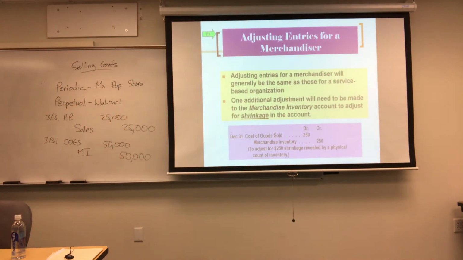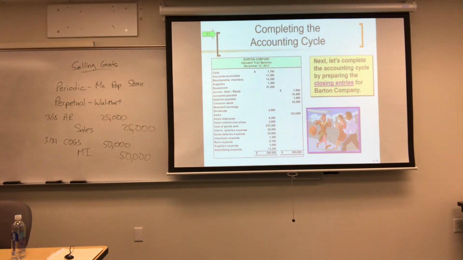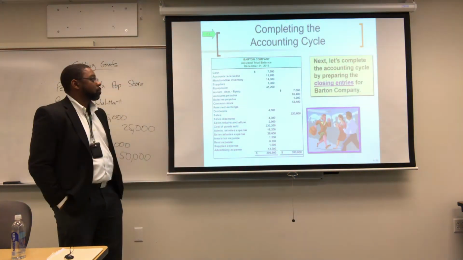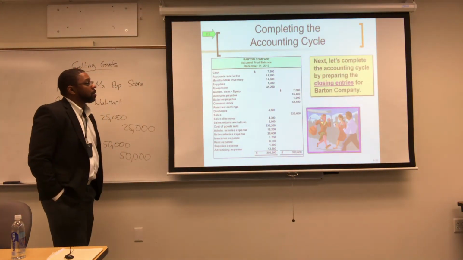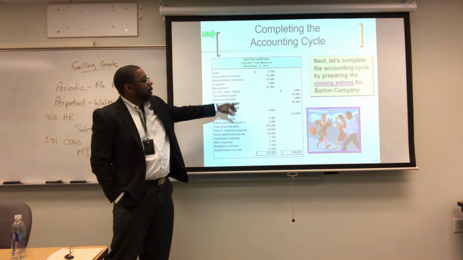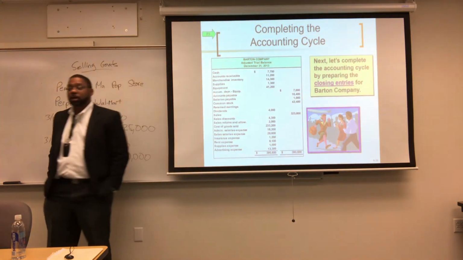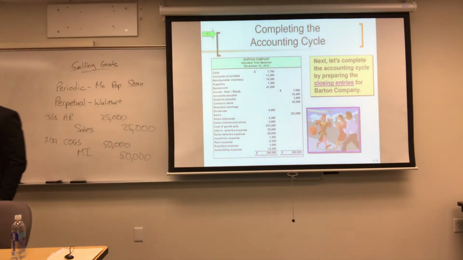All right, I'm not going to really go over adjusting entries for the merchandiser. Oh no, this is just a trial balance, I'm sorry. And I'm going to show you the closing entries once again off the adjusted trial balance. Remember, we did closing entries at the end of chapter 3 where we zeroed out the accounts.